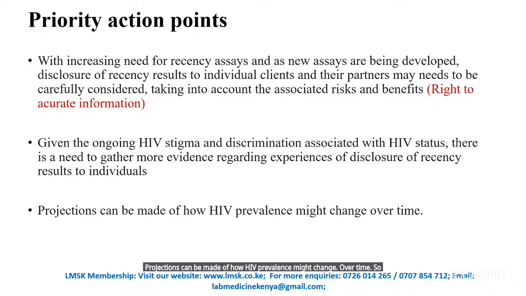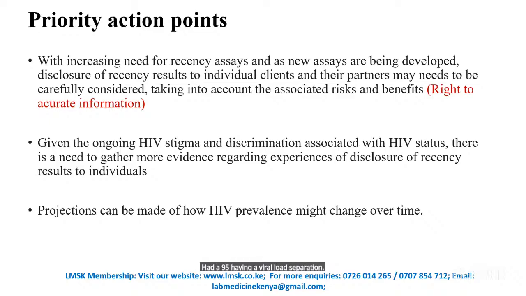So if we have our recencies in place, then we can have priority actions like what we had for 95-95-95, the 95 being tested, 95 being initiated on ART, and 95 having viral load suppression.